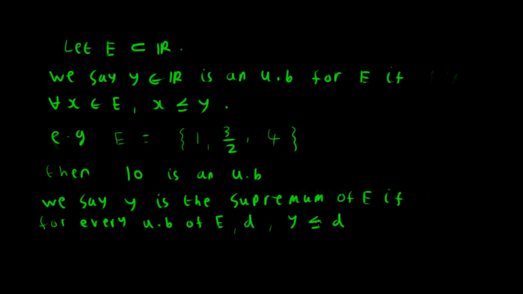Okay, it's smaller than or equal to any other upper bound of E. You might also hear this called the least upper bound, because it is the smallest upper bound.